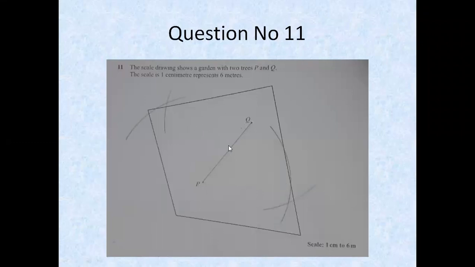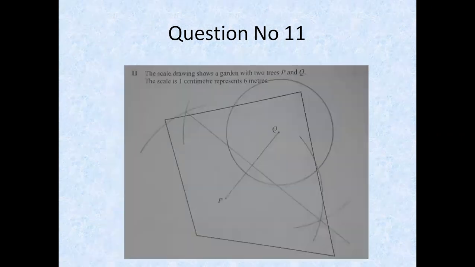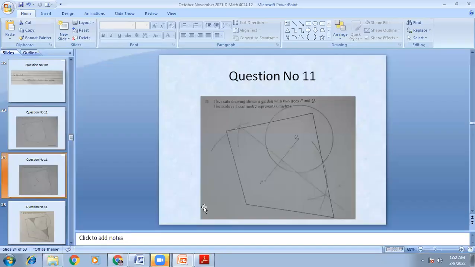I join this point and this point with each other, and that will be the perpendicular bisector of PQ. When you move on the perpendicular bisector, you will always be equidistant from P and Q. So here you can see I have drawn that perpendicular bisector. This line is the perpendicular bisector.